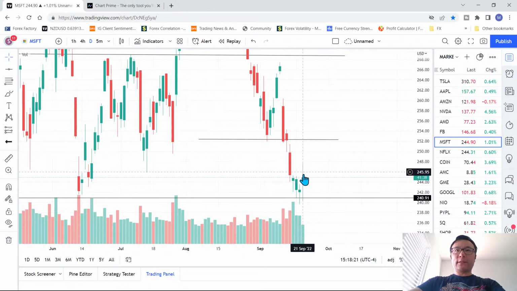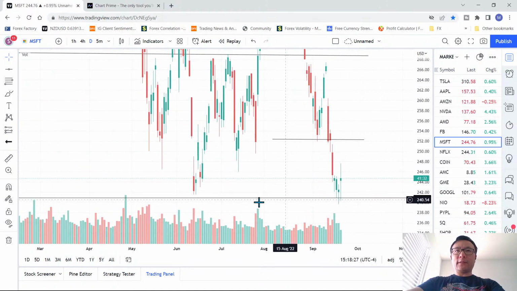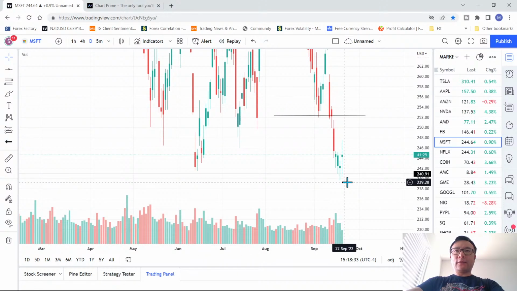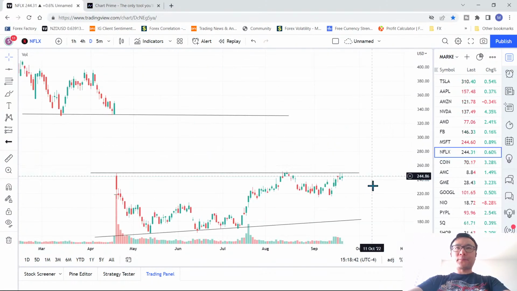You can see the wicks. It's again similar to the opportunity with AMD in the sense that you have a double bottom. If you are looking to play the double bottom, your risk was right down here. But let's get back to this one later and see if there's any other better opportunities.